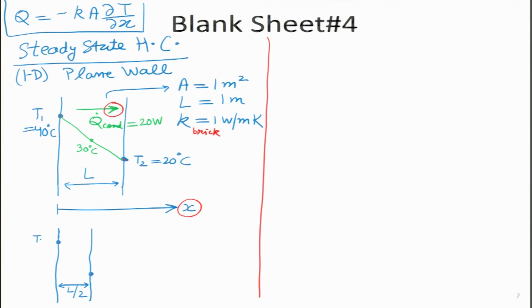So, I will write over here T1 is equal to 40 degrees and T2 is 20 degrees as earlier, and the geometry and the material remain the same, which means the area is again 1 meter square, the thickness is half, and the material remains the same as brick.